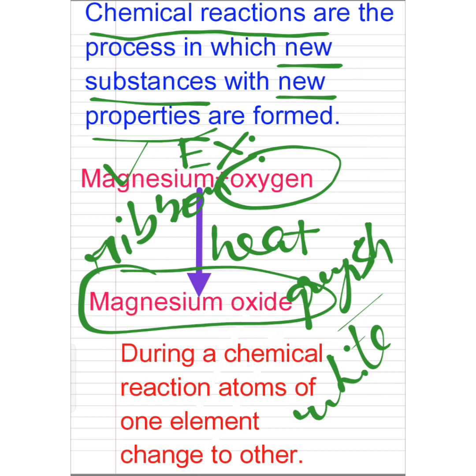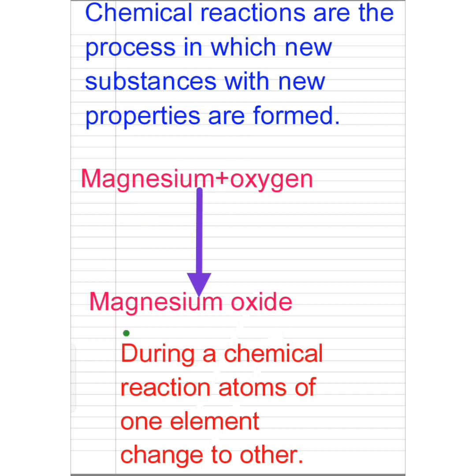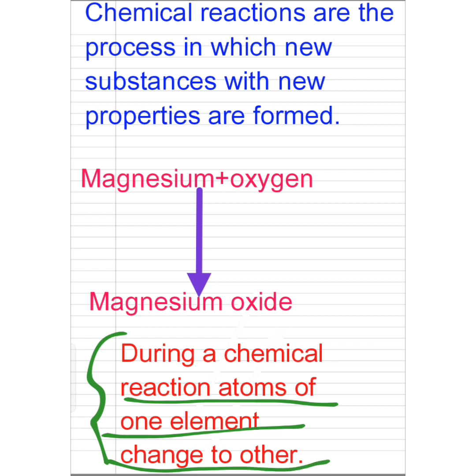Now see the statement that is written at the bottom, that during a chemical reaction, atoms of one element change to other. Now we have to check that this statement is correct or not. As we have seen in the example, this is magnesium.